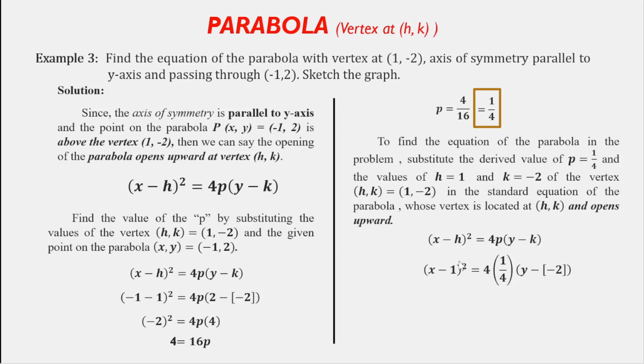Substituting h equal to 1, p equal to 1/4, and k equal to negative 2, the equation of the parabola is the square of the quantity (x minus 1) is equal to y plus 2.